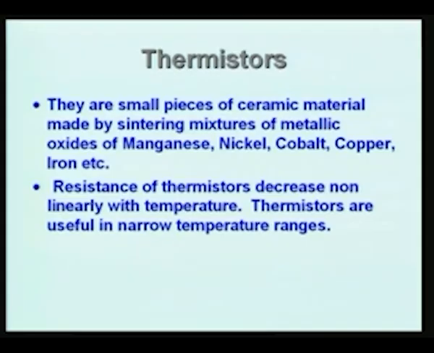I will look at it in the next slide. The important thing is that the resistance of thermistors decreases non-linearly with respect to temperature, and the variation is very large over a small temperature range, and therefore thermistors are useful only in narrow temperature ranges.